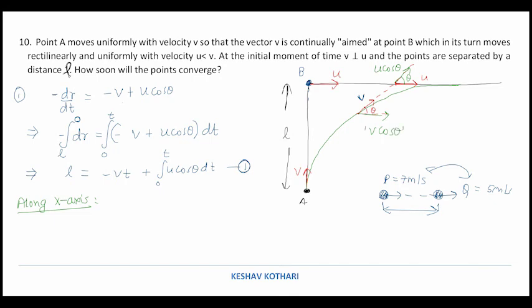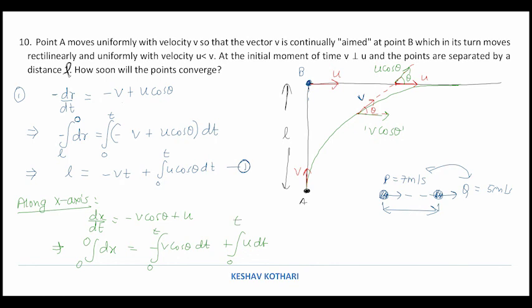So along the x-axis I can write that dx upon dt is equal to minus v cos theta plus u, and then from here dx is equal to minus v cos theta dt plus u dt, with an integration sign. Along the x-axis initially the x component is the same for both A and B, and finally also it is going to be the same, and the time is from 0 to t.